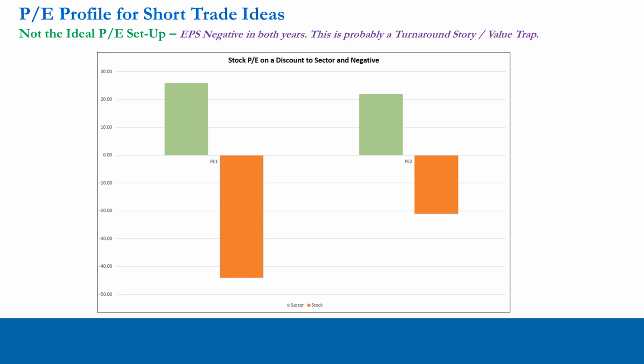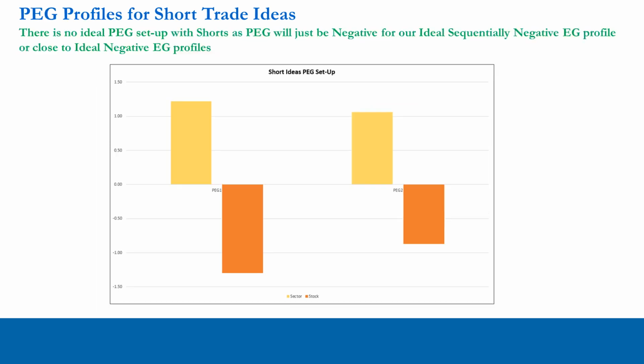Now let's think of our PEG profiles for short trade ideas. If you recall, for our ideal sequentially negative earnings growth profile, or even some of our close to ideal negative earnings growth profiles, if we just have negative earnings growth, we're going to end up with a negative PEG.